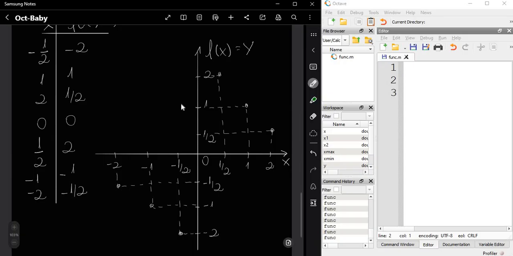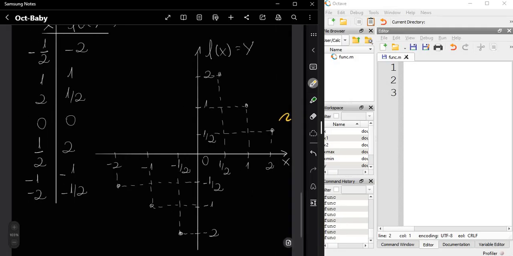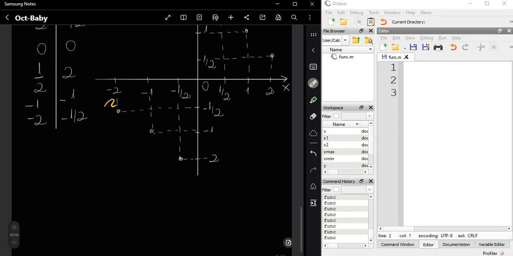And again, if we cover more points, we can represent this function even better. But we can do a good sketch with just these 6 points.